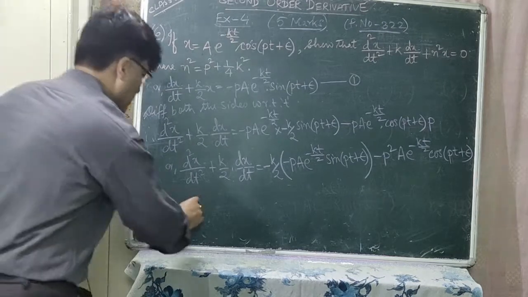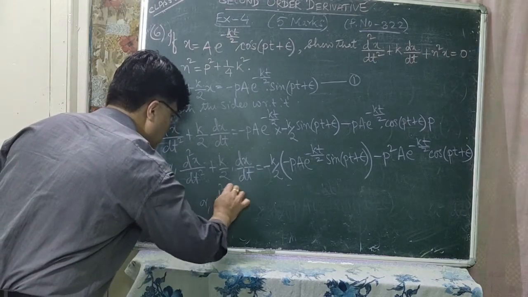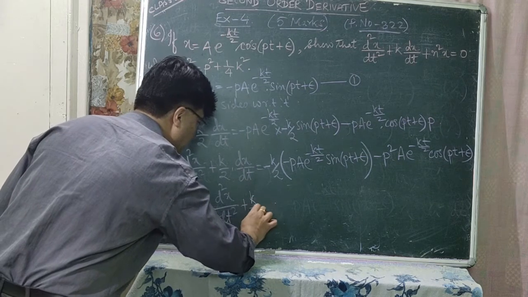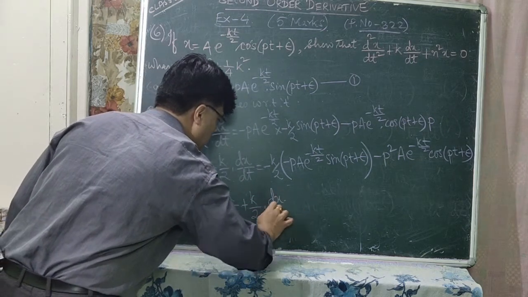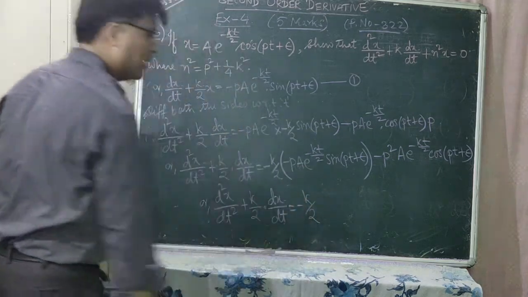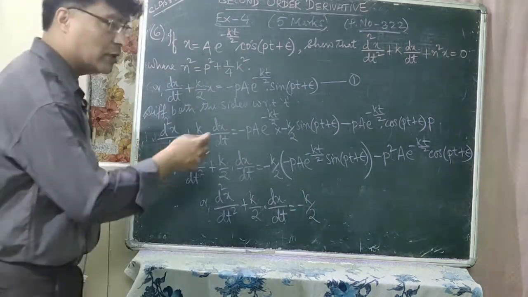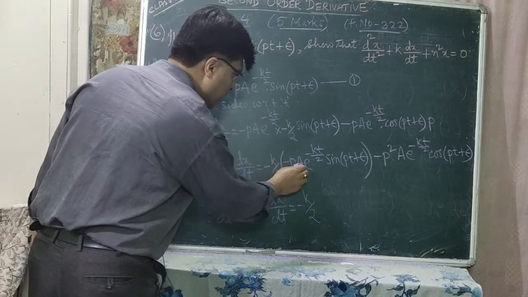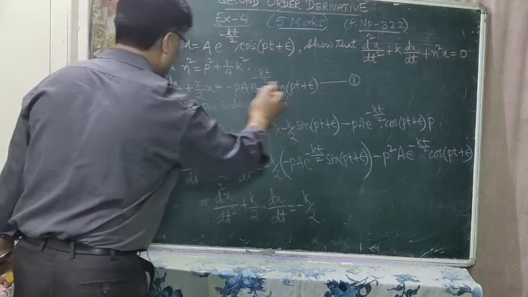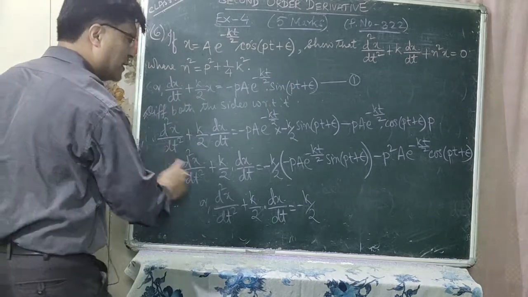Or d2x by dt square plus k by 2 into dx by dt is equal to minus k by 2 into, now what is the value for minus pa e to the power minus kt by 2 sin pt plus epsilon from number 1? Its value is dx by dt plus kx by 2.